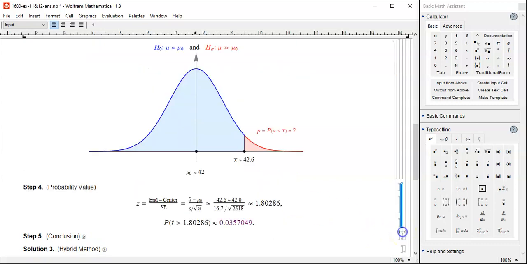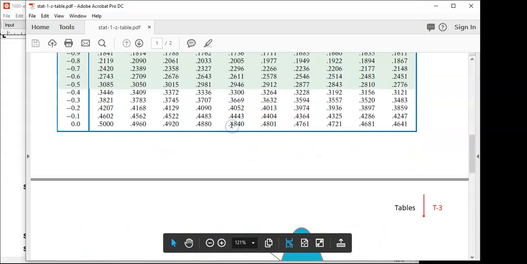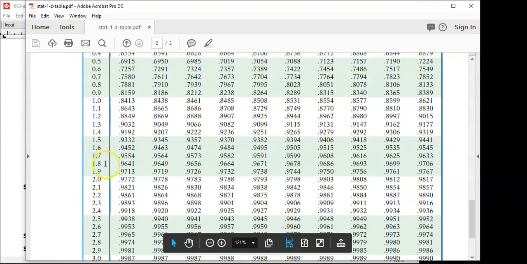Let's find out. Z-score, x-bar minus center over SE, and this computation is pretty much straightforward. And then once you get 1.8 something, look at 1.80 from your z-table. 0.9641.